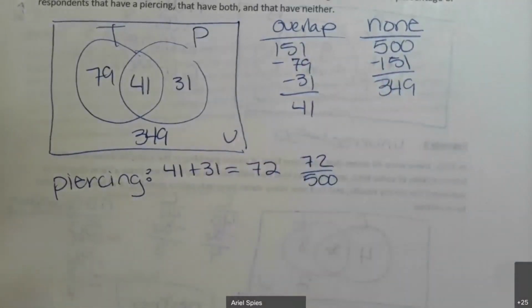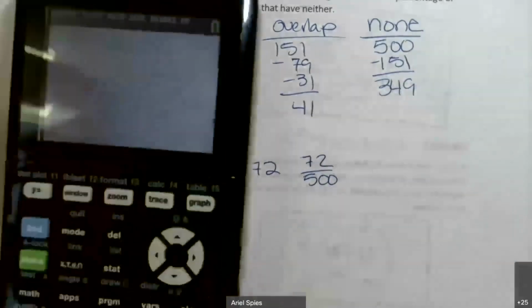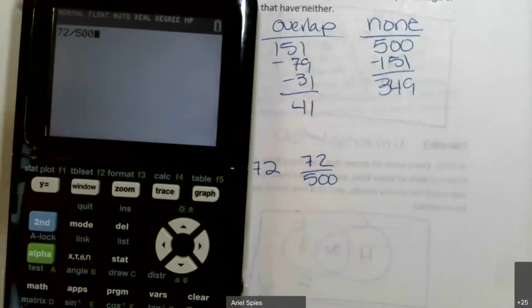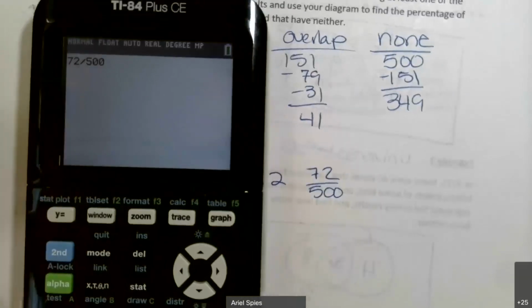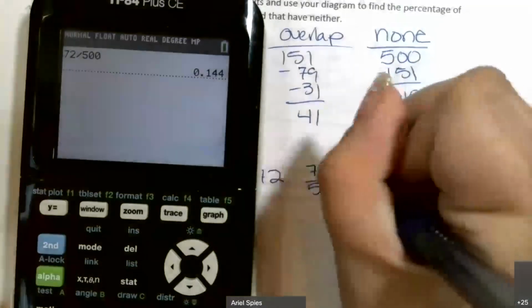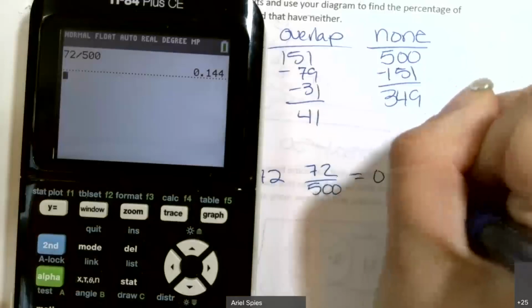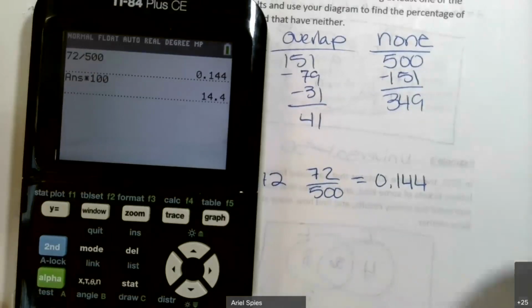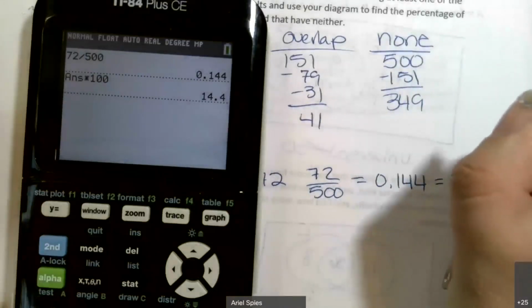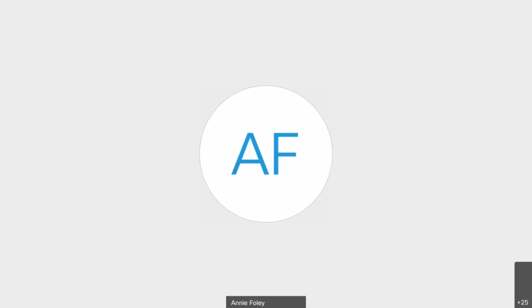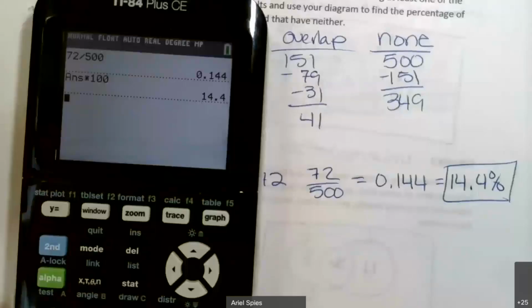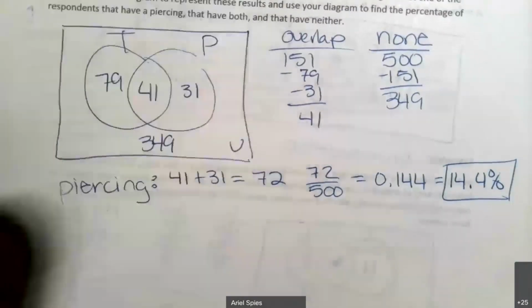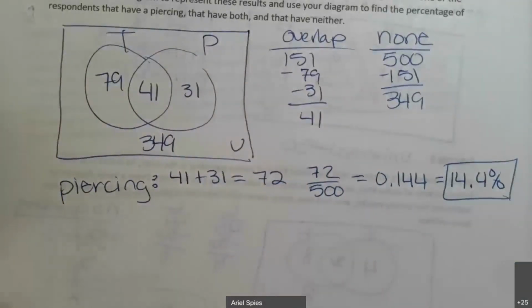You can type it in as a fraction like you were saying, Annie, or you can just do 72 divided by 500. It gives you a decimal. And then to turn it into a percent, you can multiply by 100. You just move the decimal point 2 places over to the right. So that's 14.4% who have a piercing.